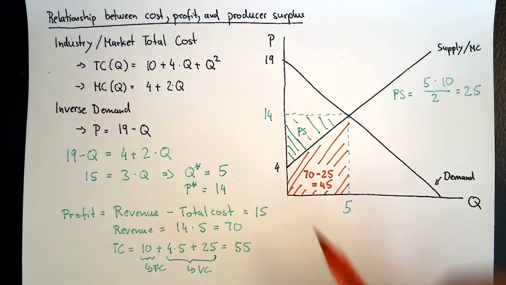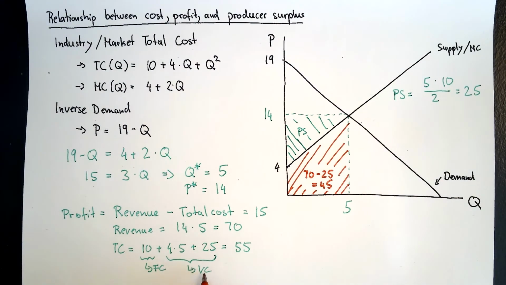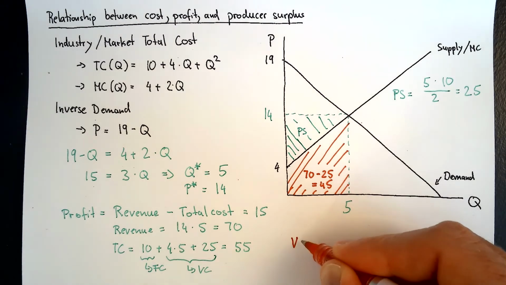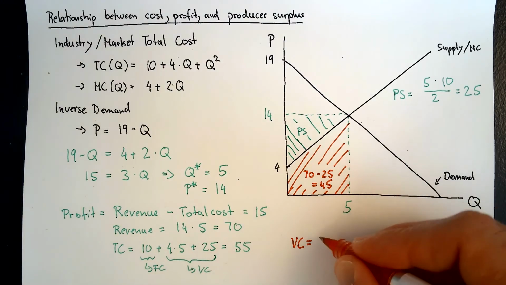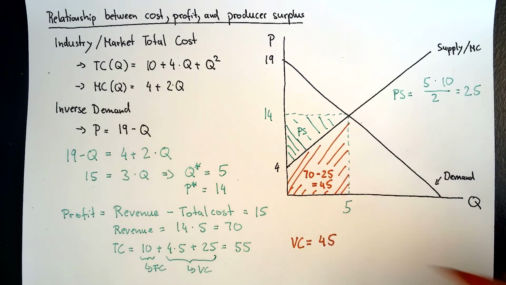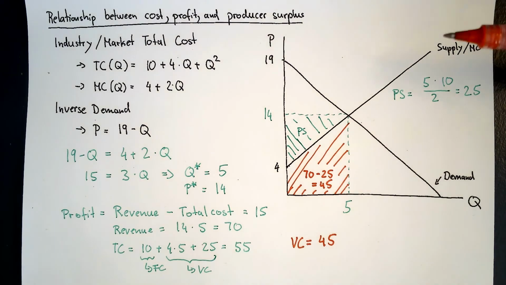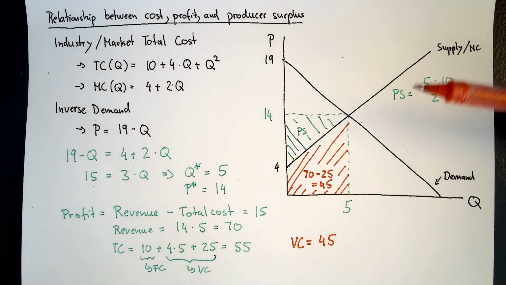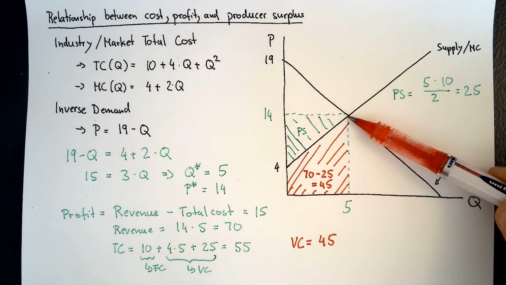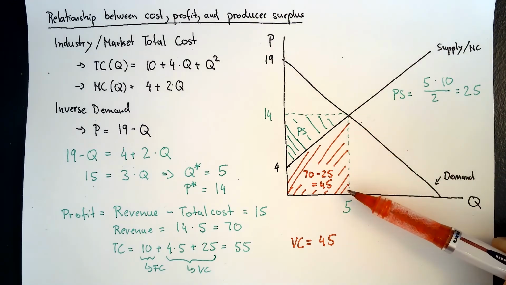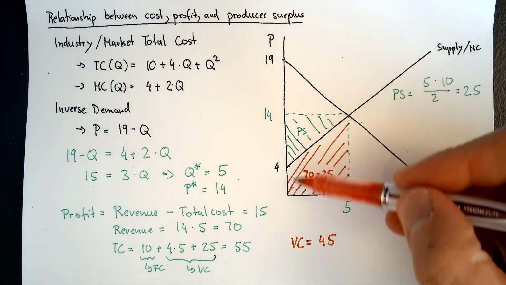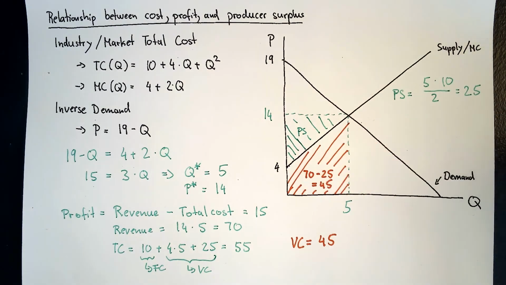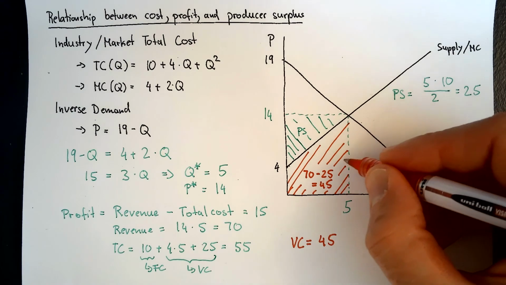Now note that this 45 corresponds to the variable cost, okay, because the variable cost is the 20 plus 25, which is 45, okay, and you can show that this is mathematically true, the area underneath the marginal cost function, so that's what I have shaded here in red, that corresponds to the variable cost.